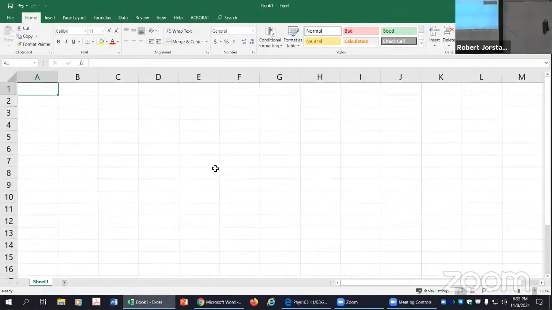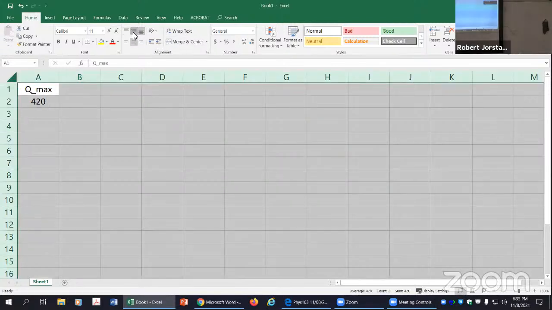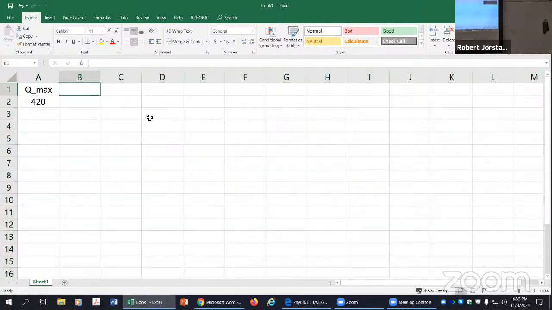All right. So let's do some general strategies. There's probably going to be some amplitude. How about we just call it Q max? And let's forget about the units. Let's say it's just, how about 420? I don't know if that's what we had in the last one, but it's fine. Then we need some kind of an omega naught, right?